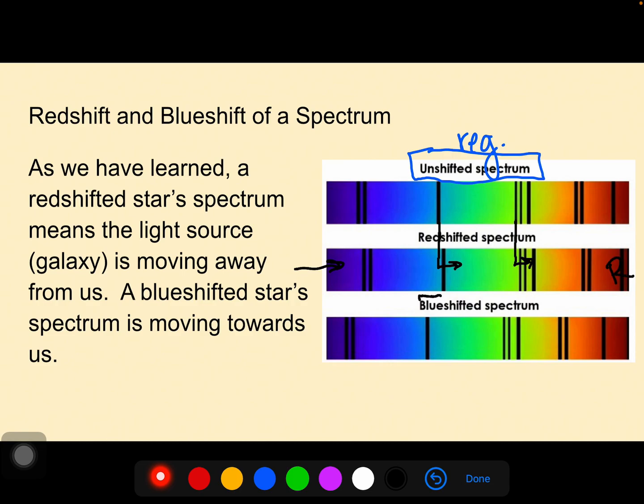Whereas the bottom, the blue shift, again, this is its location where that wavelength should be, but I'm seeing it here shifted a little bit towards the blue end. That would clue me in that this object is moving towards us.